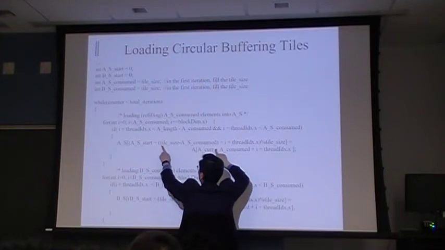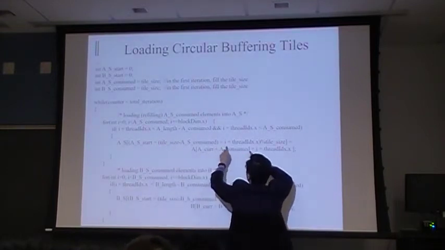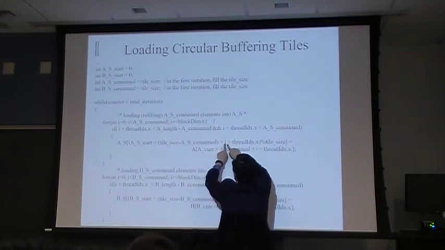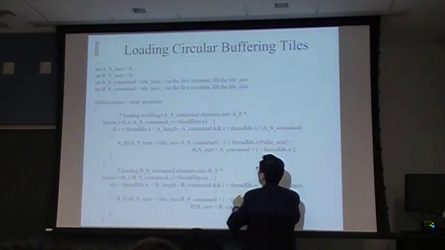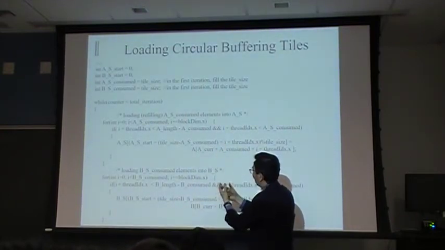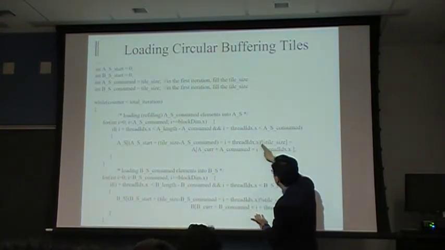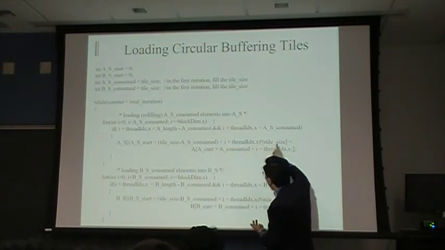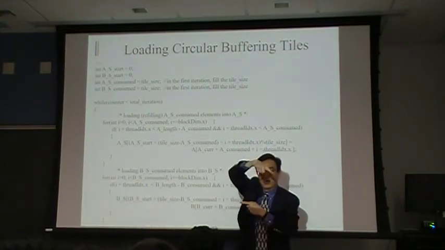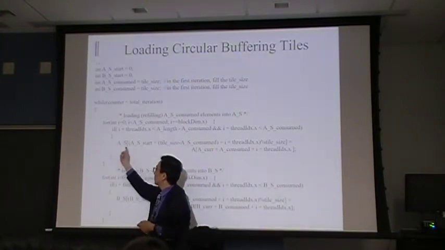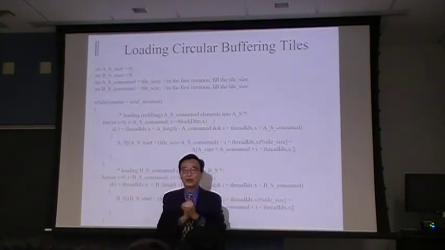So this is the refill position, and then this defines the beginning location, and then you have I plus thread index to do the refill, but then you need to do the modulo of the tile size to wrap it back, right? So that this whole thing gives you the index into the shared memory.